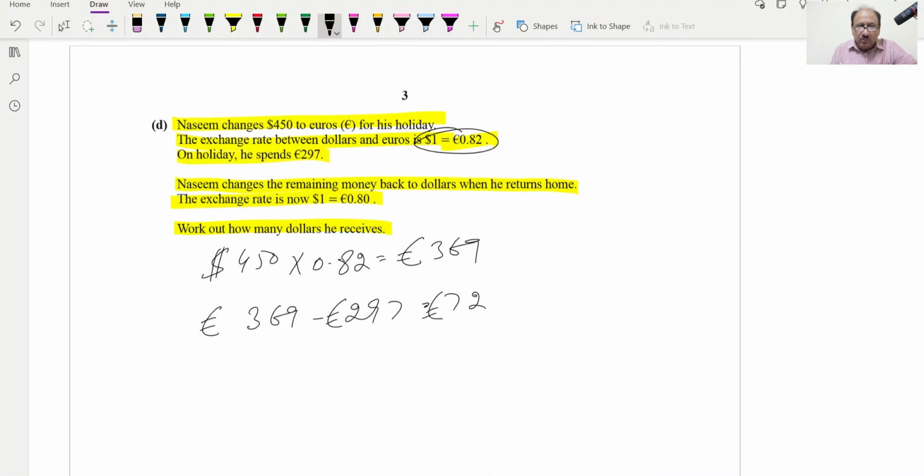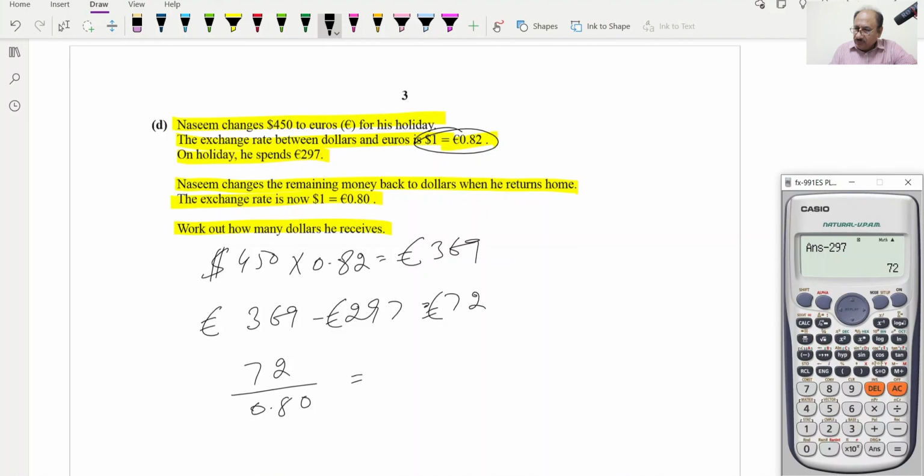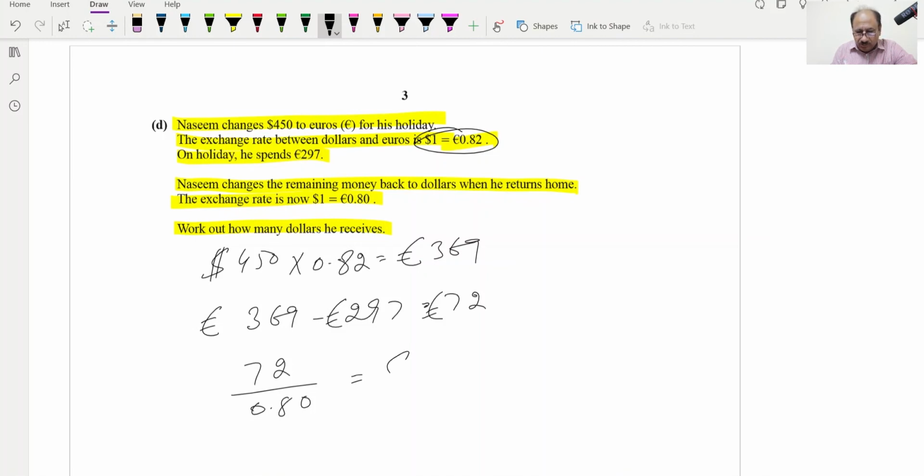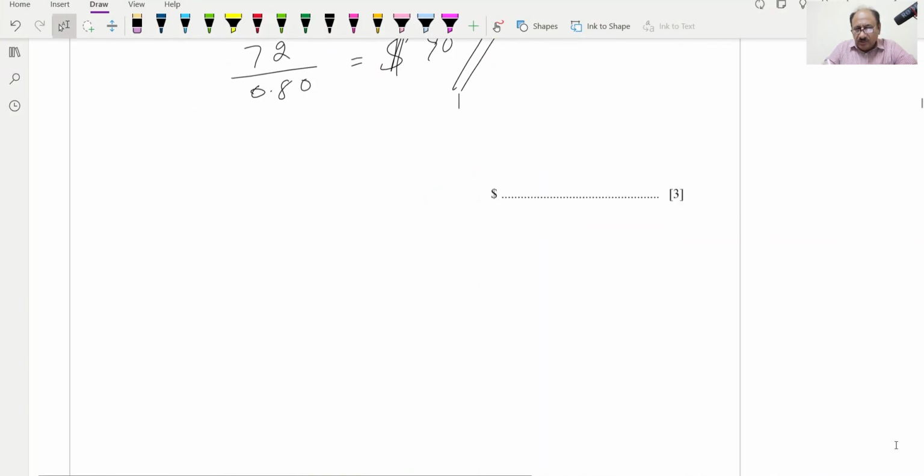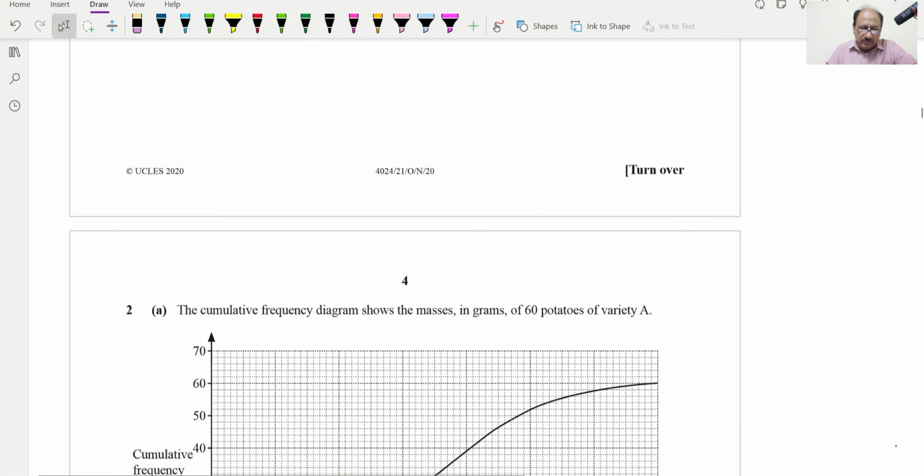So he still has 72 euros, and now 72 euros will be converted into dollars, and the logic check is that dollars should be more than 72. The same rate, 0.80, we will divide by: 72 divided by 0.80 is equal to $90. So our answer will be $90. This will be the final answer, and this is a 2-times conversion, so that's why it's for 3 marks.